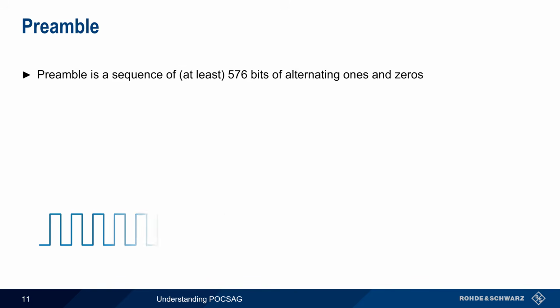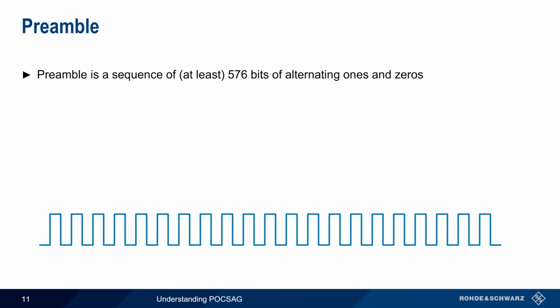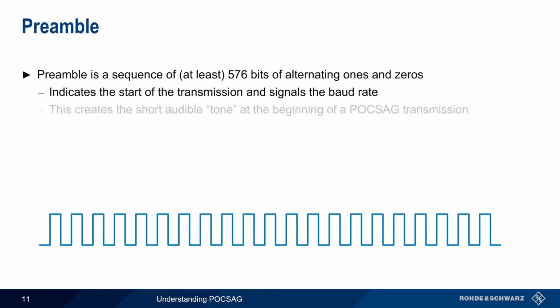The preamble is a sequence of at least 576 alternating ones and zeros. It both signals the start of the POCSAG transmission and also signals the baud rate. If the POCSAG signal is audio demodulated, this preamble is what produces the short audible tone at the beginning of a transmission.